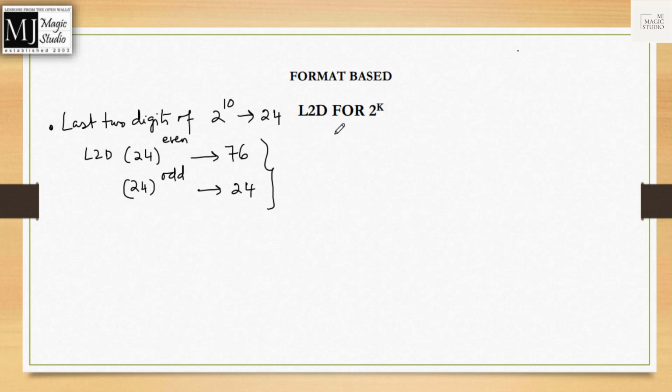And one more important thing, which might be of some help: if you end up with a number of the form where you need to find the last two digits of 76 into 2 to the power k, that is nothing but the last two digits of 2 to the power k, where k is a small number.